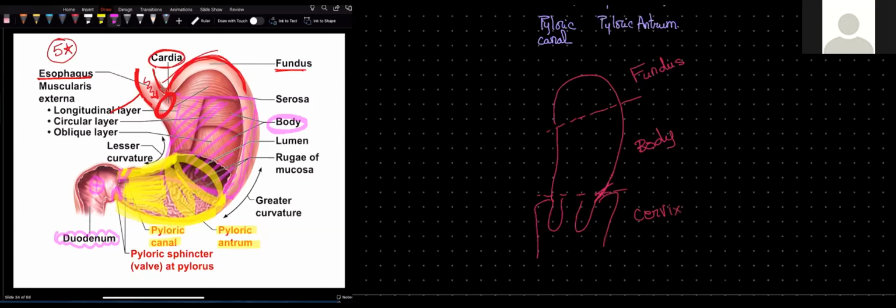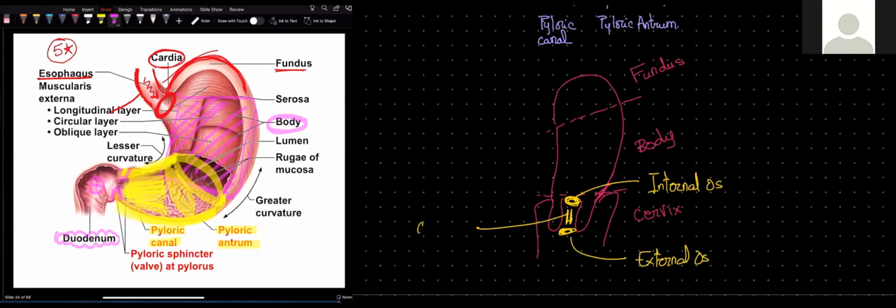And remember, this terminal region, the cervix, it did have an internal opening, an external opening, and the canal. It did have an internal os, external os, and a cervical canal.